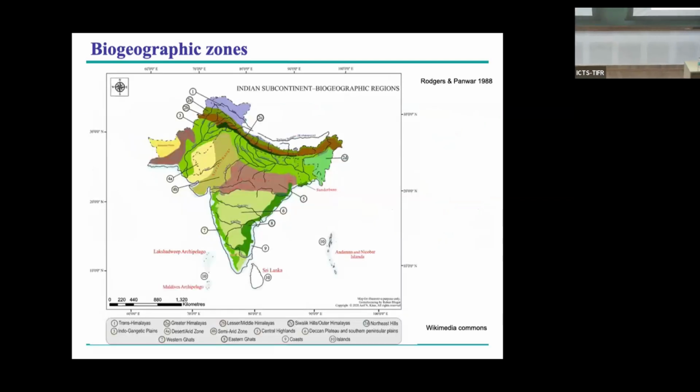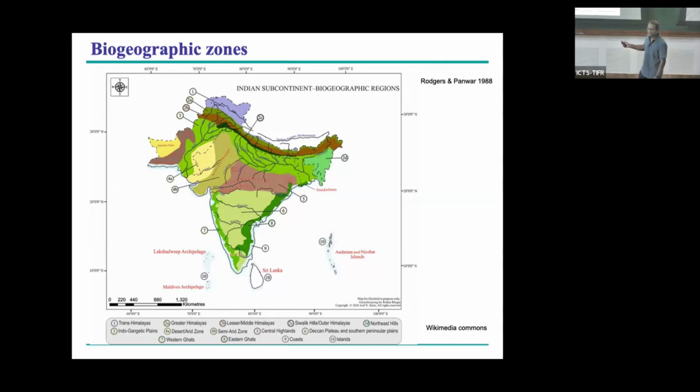So here are the biogeographic zones of India. This was done in the 1980s. It's a really nice map which has stood the test of time. A lot of people have generated different kinds of data, and they somewhat agree with this. You can see the Western Ghats, Eastern Ghats, and so on.